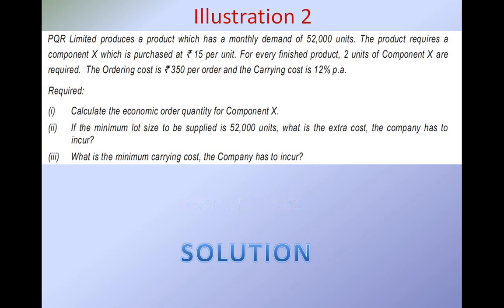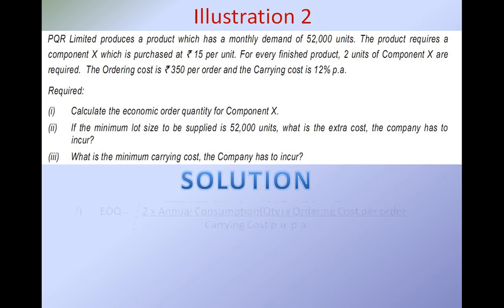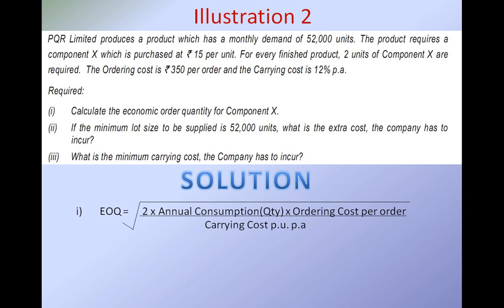As you all remember, the economic order quantity formula is square root of 2 into annual consumption into the ordering cost per order divided by the carrying cost per unit per annum. The annual consumption is 52,000. It's monthly, so for yearly it would be 52,000 into 12.